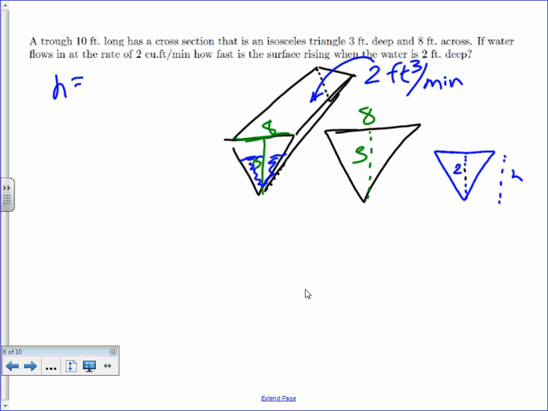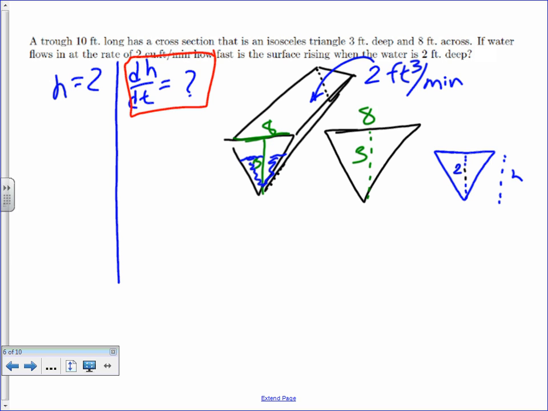H equals 2 feet. dH/dt, we don't know how fast that height of the water is rising, but that is what I want to know, so I'm going to circle that. What else do we have in the picture? We have dV/dt equals 2 cubic feet per minute going in. Do we know how much volume is in there right now? No, we don't. Volume is questionable.